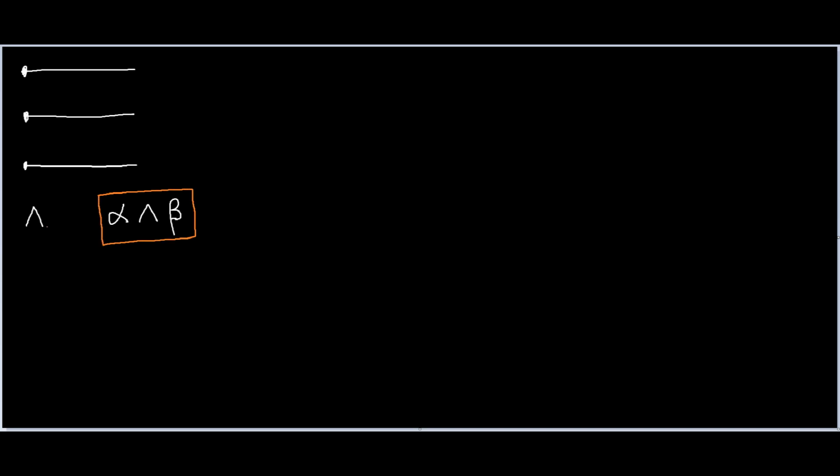In the case of this symbol, the meaning is that alpha is true and beta is true at the same time, so they're both true. The meaning of mathematical statements, usually when it comes down to validating proofs, comes down to whether something is true or false.